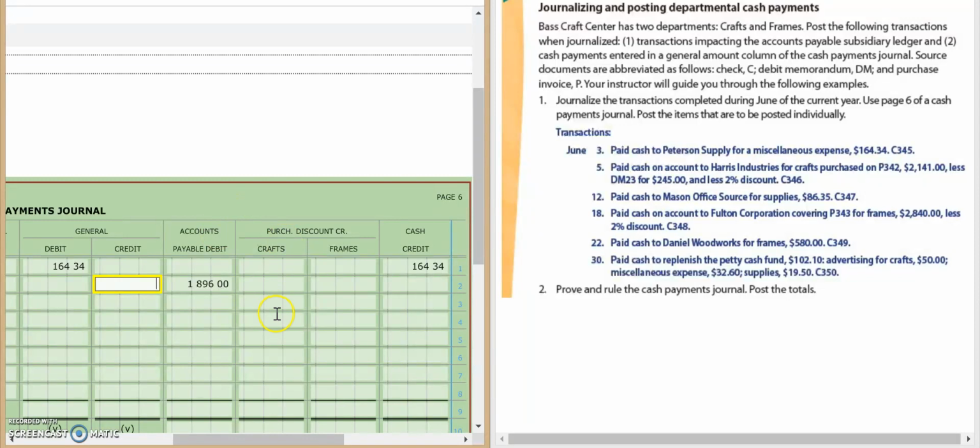And that's going to be for crafts. Remember, it says we paid cash on account to Harris Industries for crafts purchases. So it's going to go under the purchases discount for crafts, $37.92. And then remember, that's a discount for us. So we take the $18.96 and subtract out $37.92. And the total amount that we end up paying them is $1,858.08. Okay? Hopefully that made sense for us.